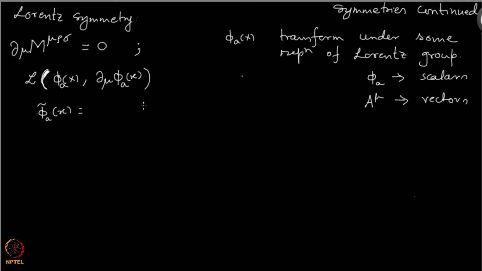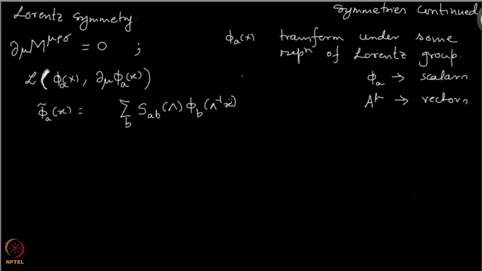It will transform under some representation, and that representation matrix I denote by S. We have already talked about this in one of the lectures earlier. And there is a summation over B.